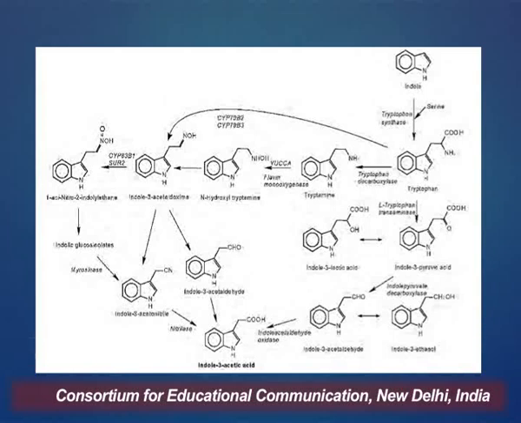Tryptophan, by the action of the CYP class of enzymes, can also directly get converted into indole acetaldoxime. This indole 3-acetaldoxime gets converted into indole 3-acetic acid either through indole 3-acetaldehyde as an intermediate or indole 3-acetonitrile as an intermediate.